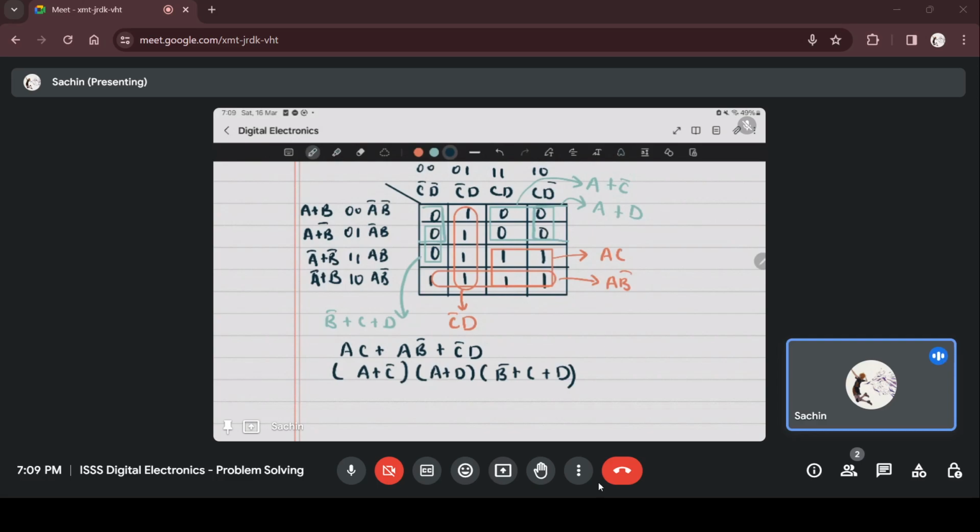Whereas in the product of sums term, each term is a sum of the variables, and a variable is uncomplemented if there's a 0 corresponding to that variable in that cell.